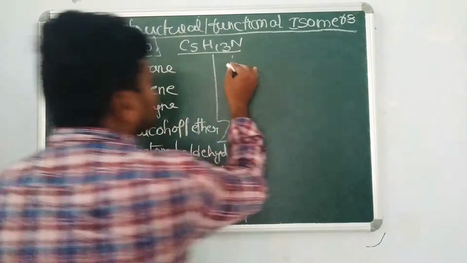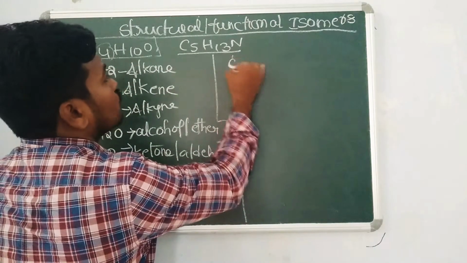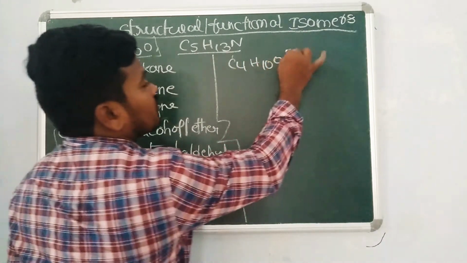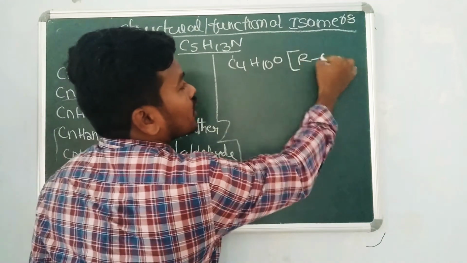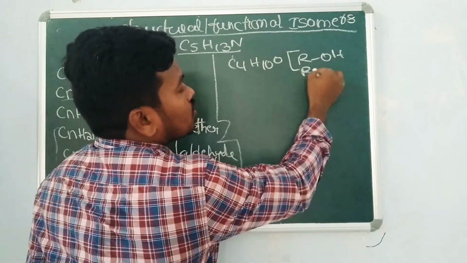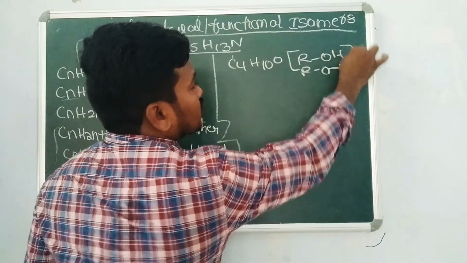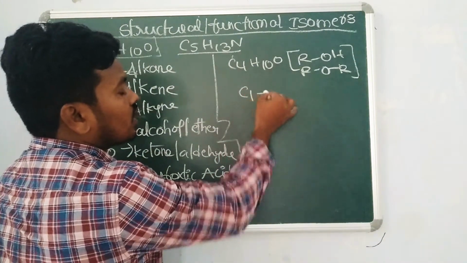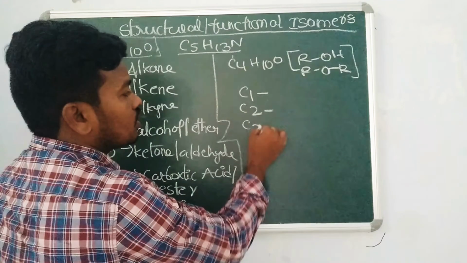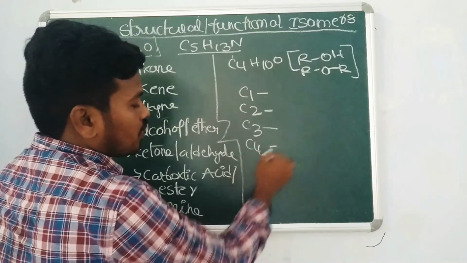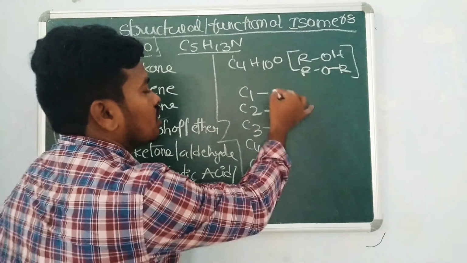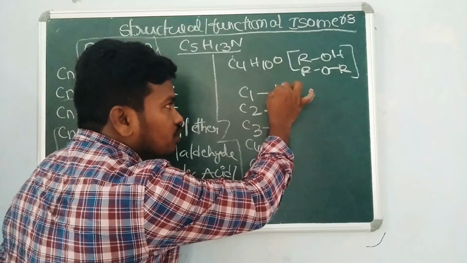The second step is to write the molecular formula as each possible type of functional group. ROH is possible and ROR, ether, is possible. Here we first have to remember one table. If 1 carbon is present, the number of possible isomers is 1 only.